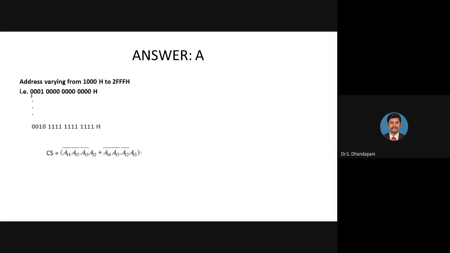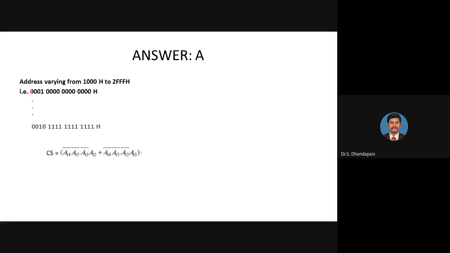The idea is we have to take the starting address written in binary form and the ending address written in binary form. So this is A0, and up to A11 it can be any value. A0 to A11 can vary from all zeros to all ones. Now the question is only with respect to A12, A13, A14, A15.